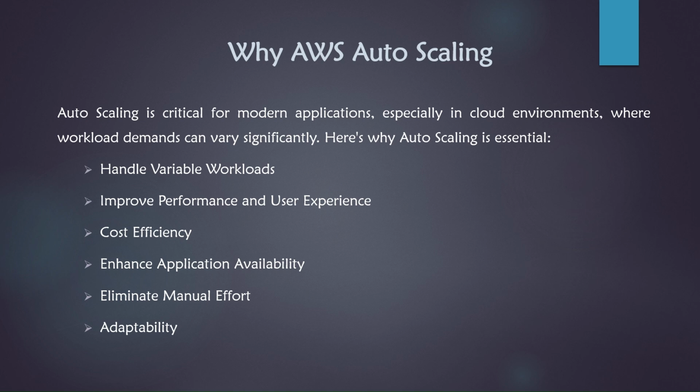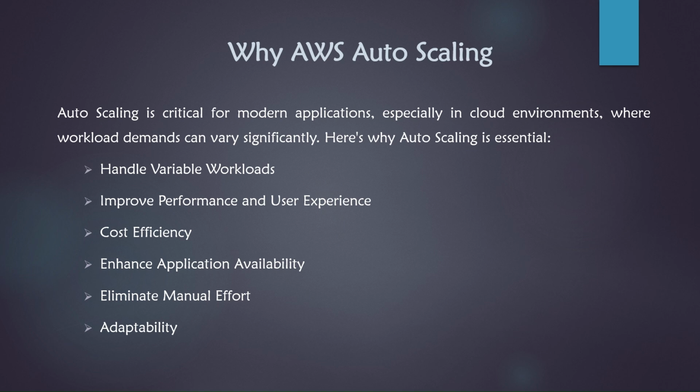The next thing is enhance application availability. It automatically replaces unhealthy instances with healthy ones, ensuring continuous availability. Maintain operations by relocating resources in case of any failures. Eliminate manual effort: automation reduces the need for constant monitoring and manual adjustment, saving time and effort for your operations team.